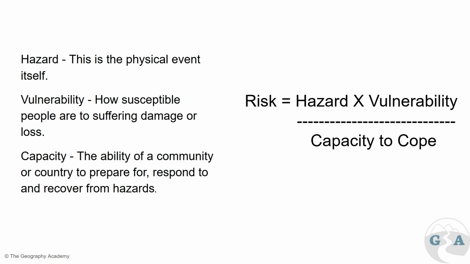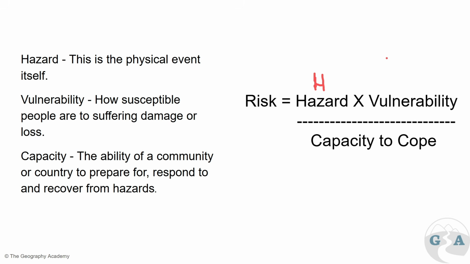So we could have a very large flood, which means the hazard increases drastically, and the vulnerability might be relatively low, but the capacity to cope could be very large. And that means that in the end, the actual risk is quite low. On the other side, we could have a relatively low hazard, so a small flood.